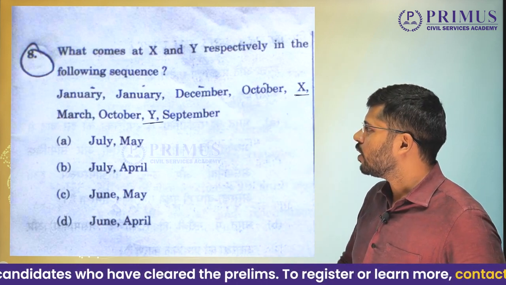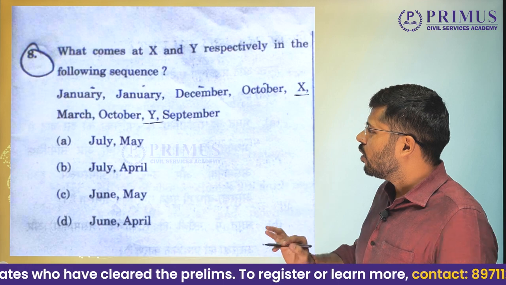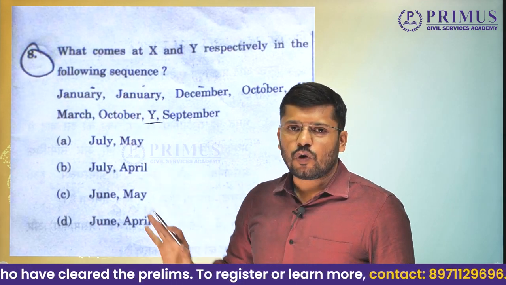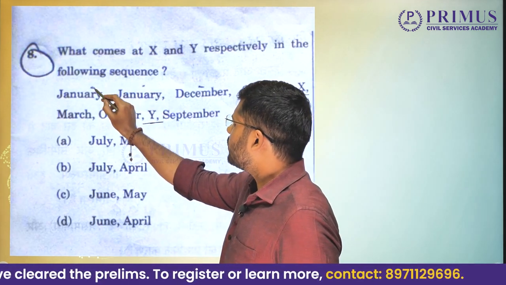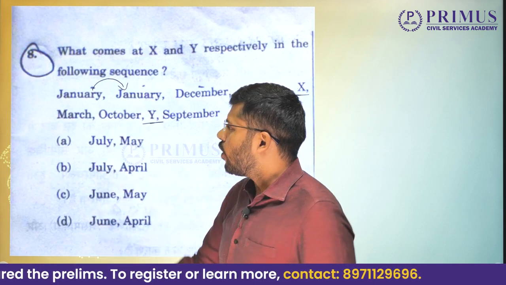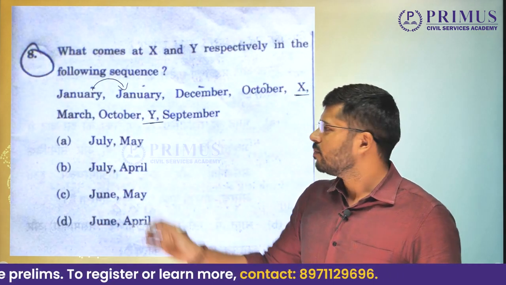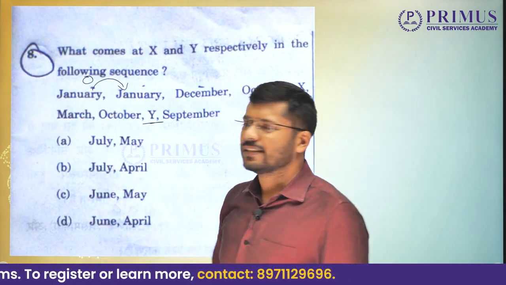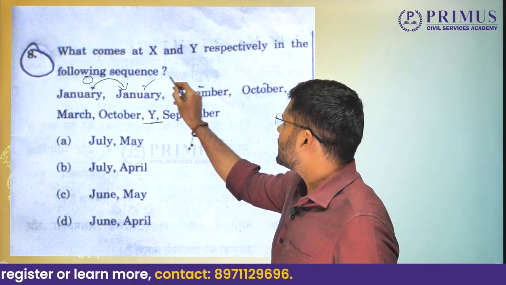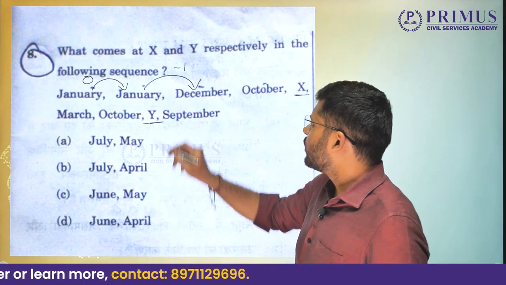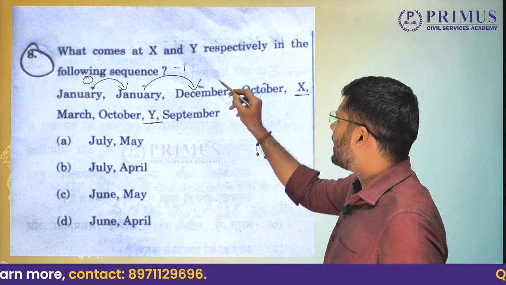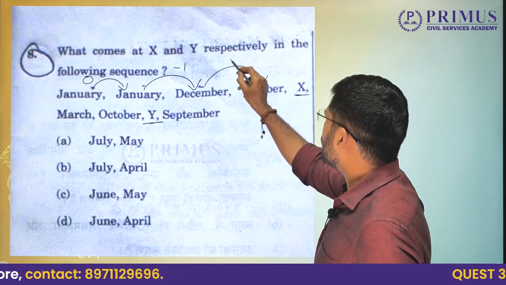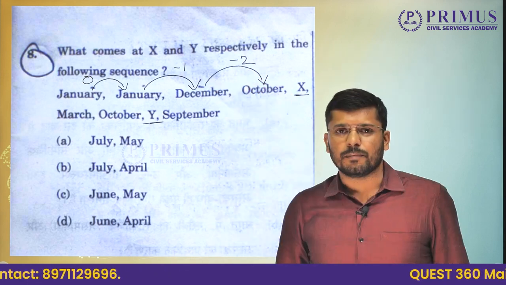So what might be the logic here? From January to January, how many months backward have they gone? None, 0. From January to December, 1 month. And from December to October, they have gone 2 months backward.